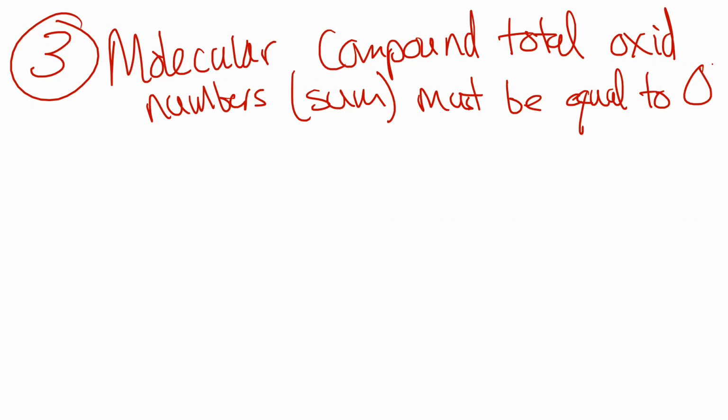Must be equal to 0. Compound means 0 charge. That also means total oxidation numbers must be equal to 0. That doesn't mean that the atoms within that have 0.